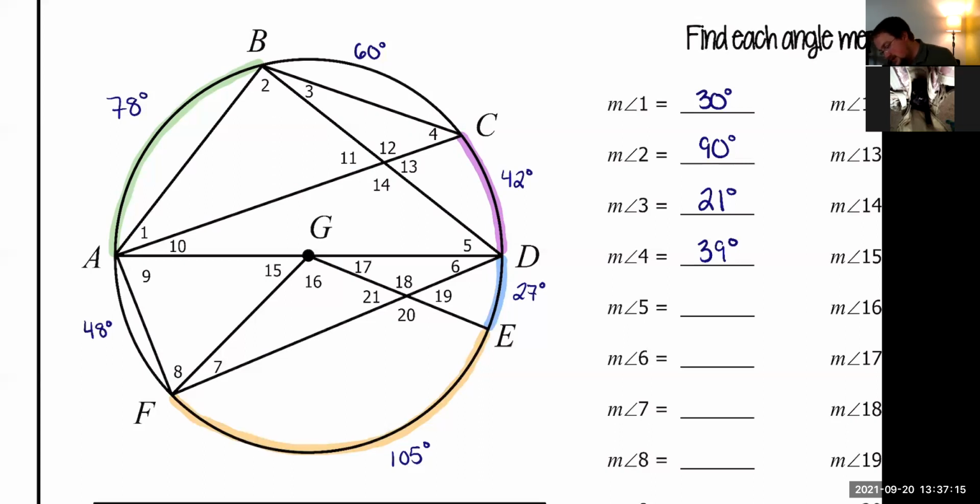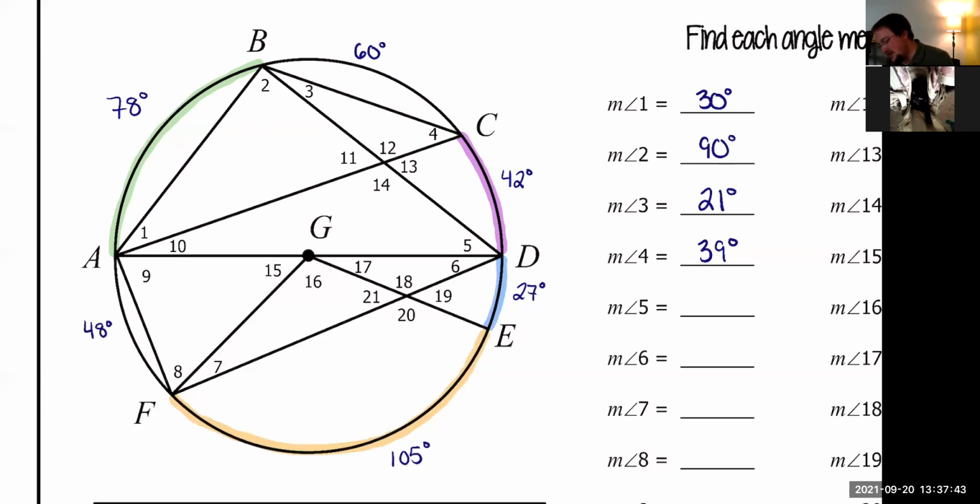Then we slide around here to angle 5. Well, wouldn't you know it? It intercepts the same arc, AB. That means angle 4 and 5 are congruent. They intercept the same arc, AB. What was angle 4? We already know angle 4. 39. Guess what angle 5 is?